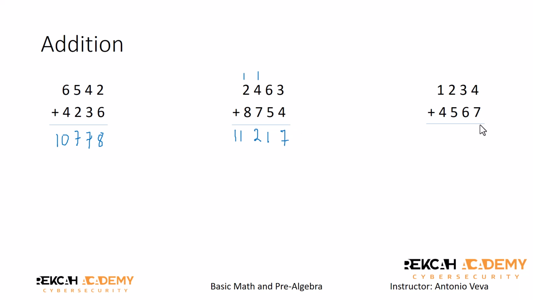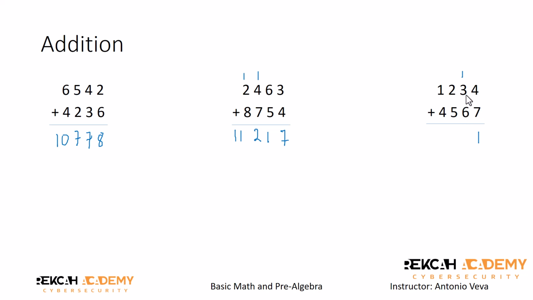And the third problem, we have 1, 2, 3, 4 as the top number, and the bottom number is 4, 5, 6, 7. We have an addition sign, and we start from the first column from right to left, that is the ones column. 4 plus 7 is 11. We carry over the 1 to the tens column.